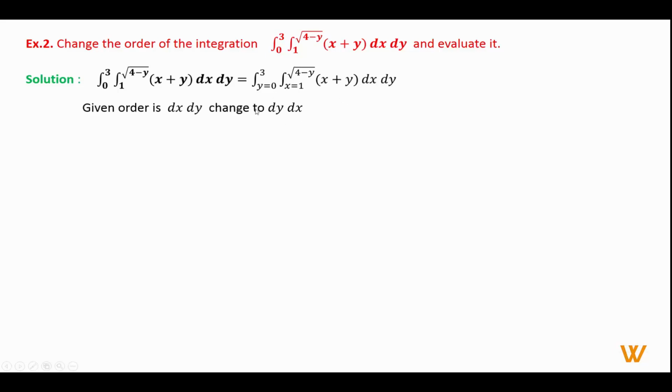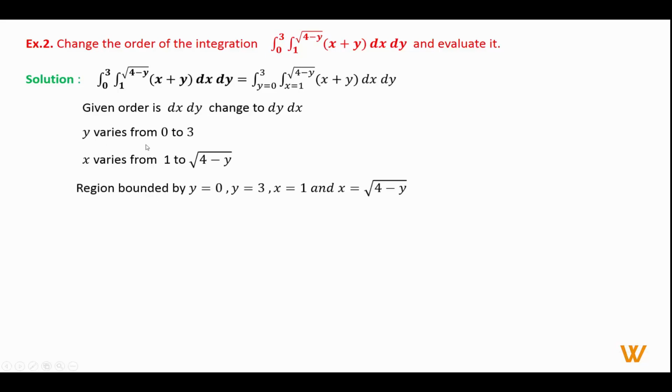For change of order, find the new limits of integration. First draw the diagram by using the given limits of integration. Given limits are y varies from 0 to 3 and x varies from 1 to square root 4 minus y. Region bounded by y is 0, y is 3, x is 1 and x equal to square root 4 minus y.